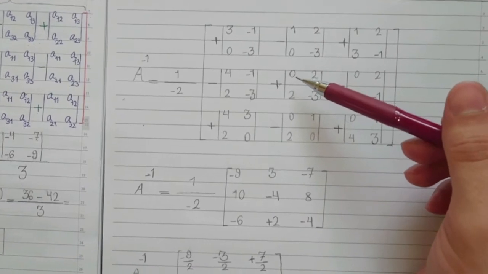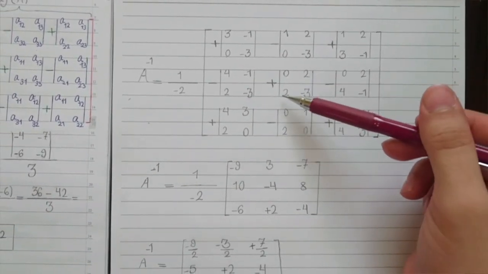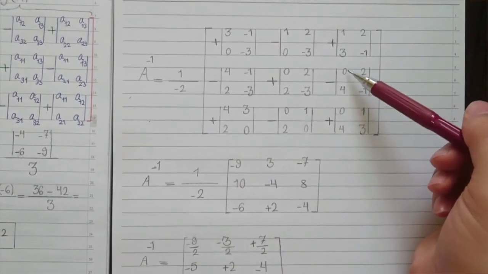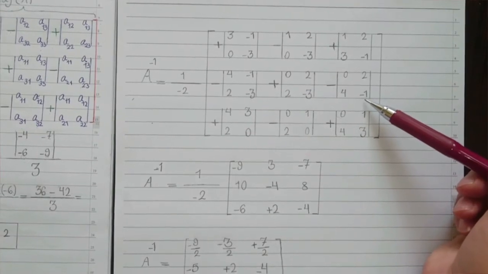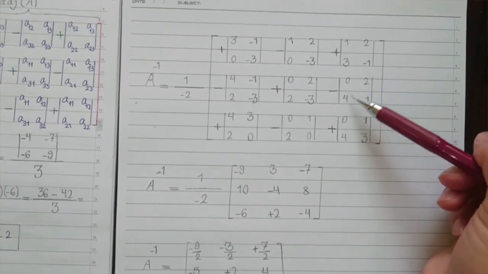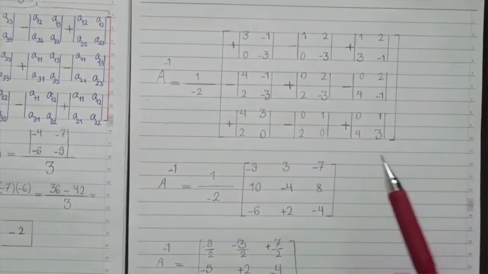And here we have 0 times negative 3 minus 2 times 2, which is going to be negative 4. And here 0 times negative 1, which is 0, minus negative 8. And we have another negative here, negative, negative 8, it's going to be 8.